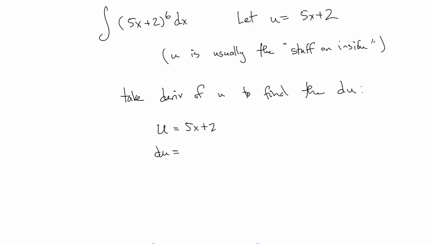The x to the 1 will go away when you take the derivative. And then you put dx there. So du always includes the dx, all right? It's the derivative. That's why I got 5 as the answer, because it's the derivative of 5x plus 2. And you always just insert a dx there, all right?